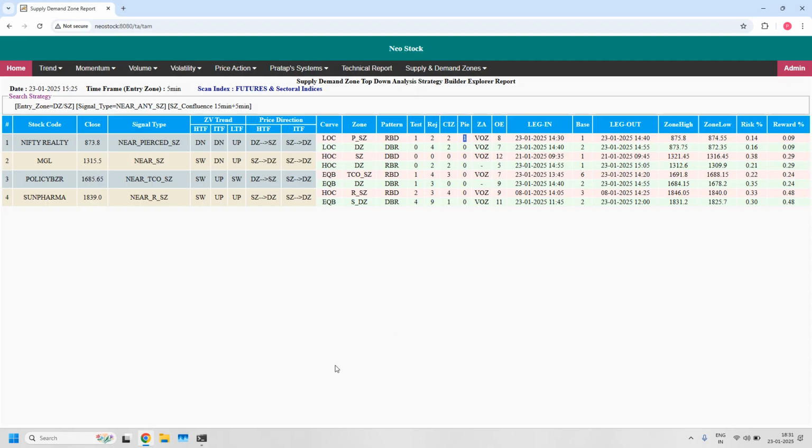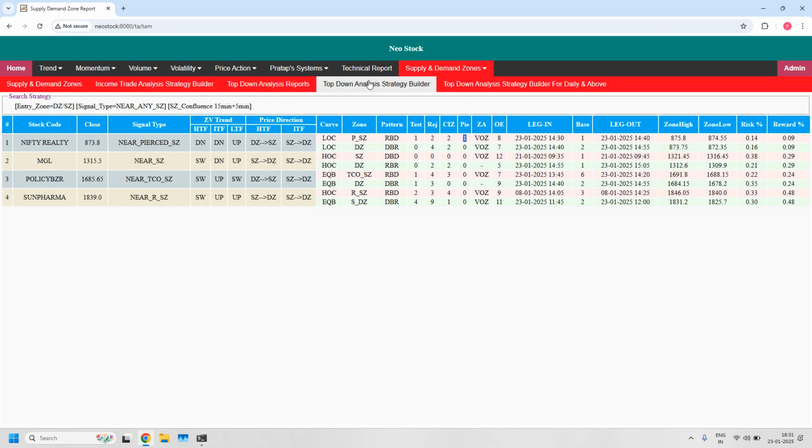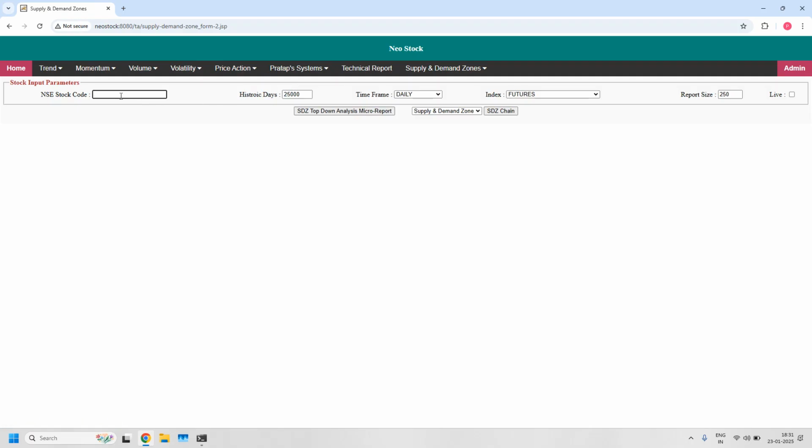So this is about stocks near demand and supply zones for different time frames. Next, we will generate a NIFTY and BANKNIFTY supply demand zone chain. So I am generating monthly supply demand zone chain for NIFTY.